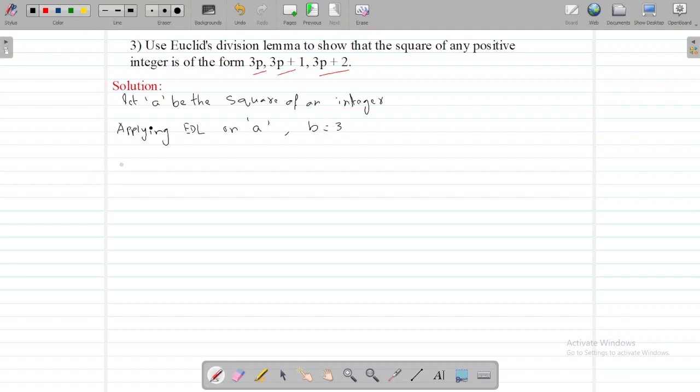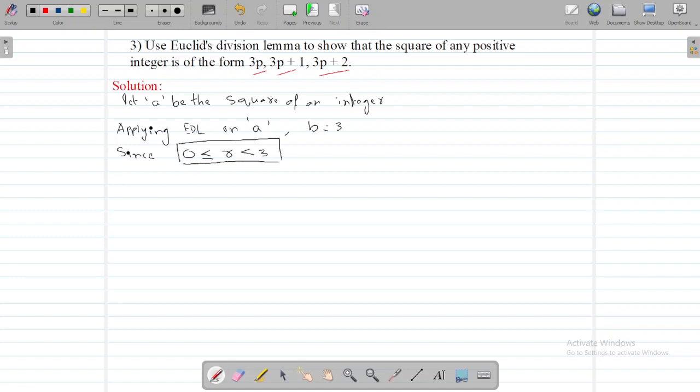So we can satisfy this condition since 0 is less than or equal to r less than 3. So this is our condition.